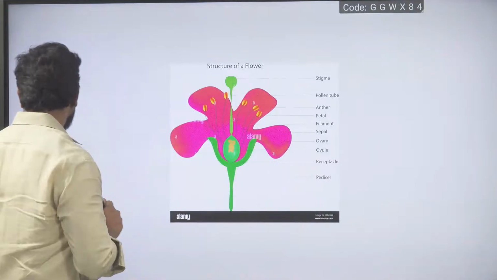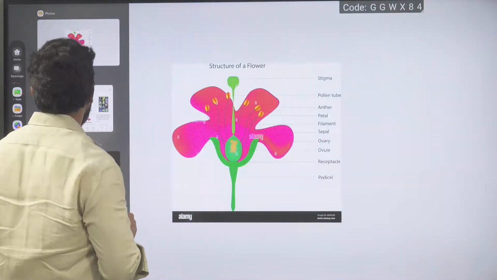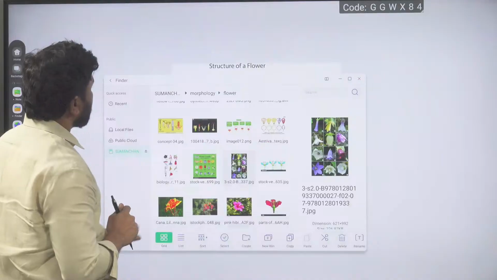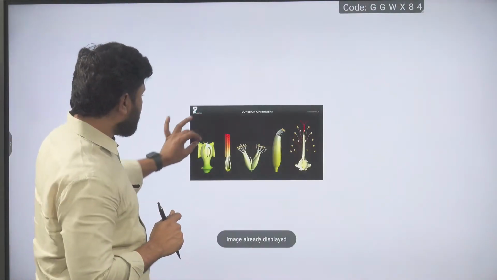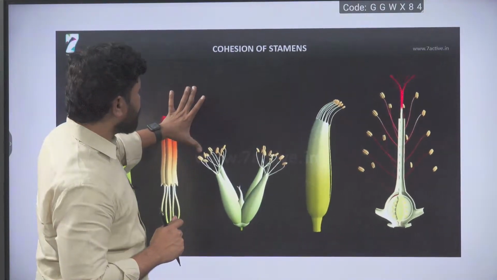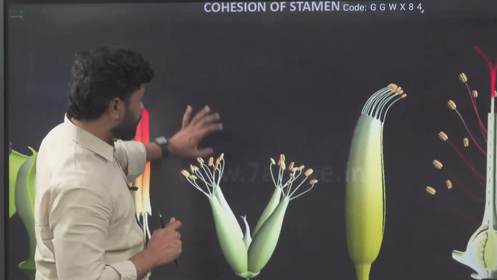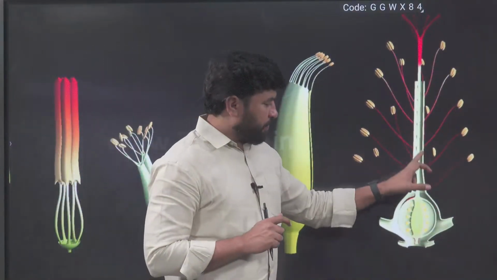regarding stamens. Look at this one. These are cohesion of stamens. In this, these are all the filaments.